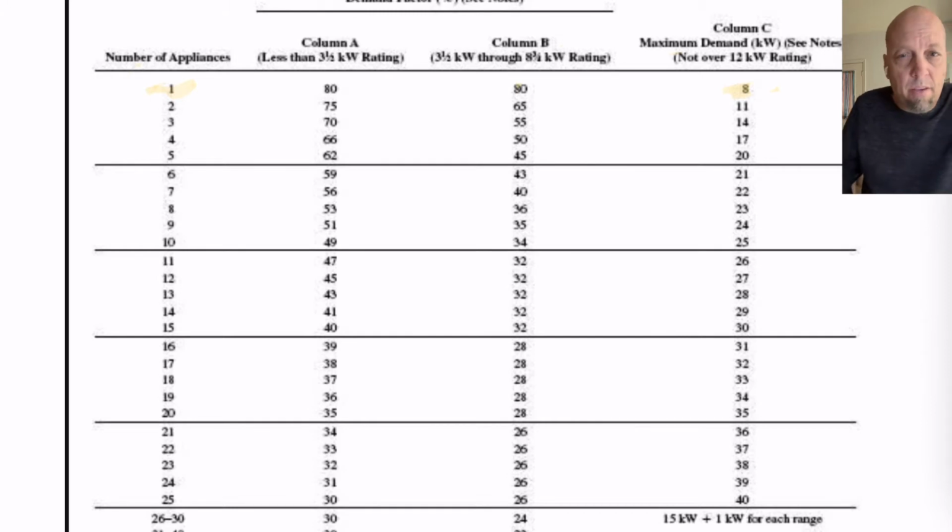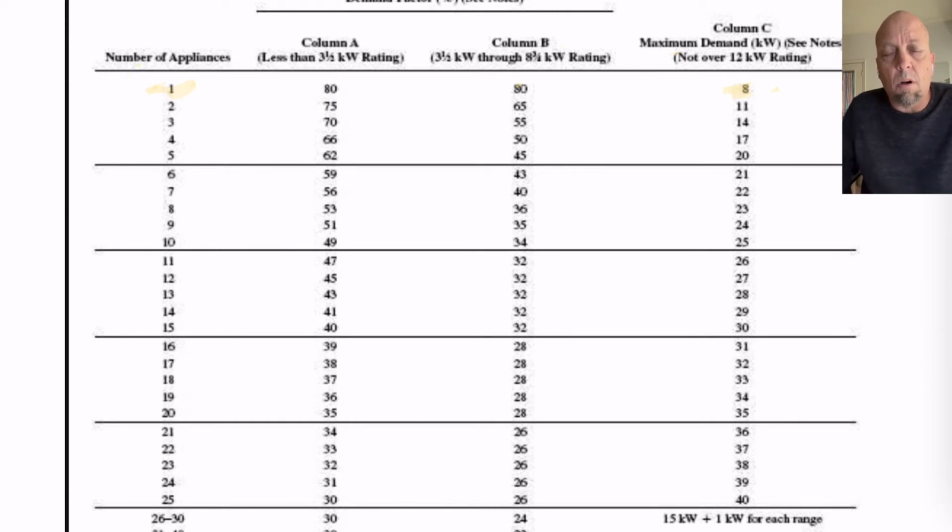So if you have a range that goes from 9 kW to 12 kW, all you have to do is look in this table, and they've already figured out the load for you. Also, if you look in columns A and B, those are your demand factors.